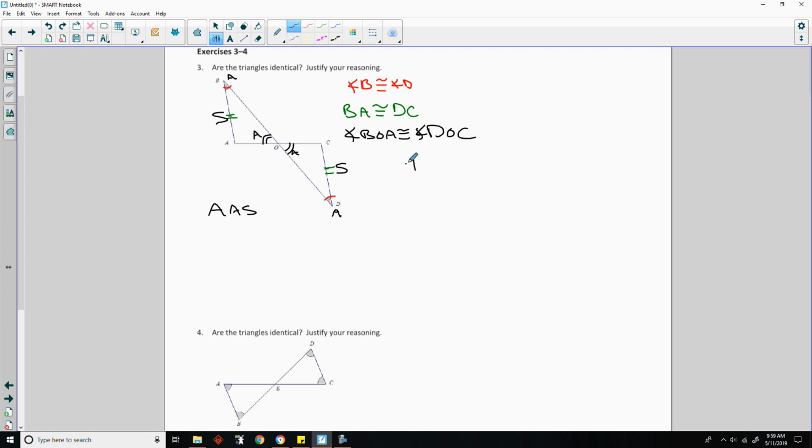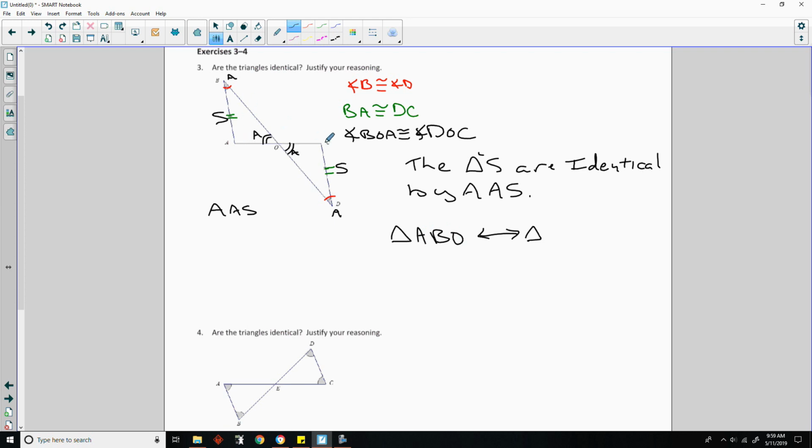So I would say the triangles are identical by angle, side. And the triangle correspondence will be triangle ABO.